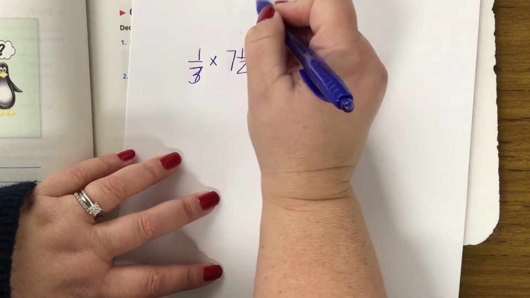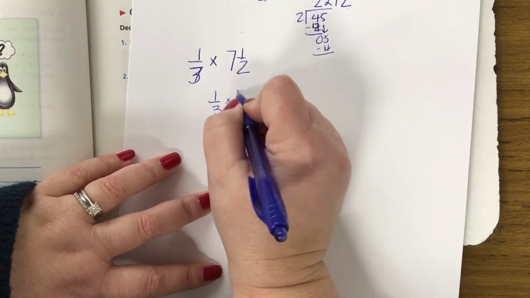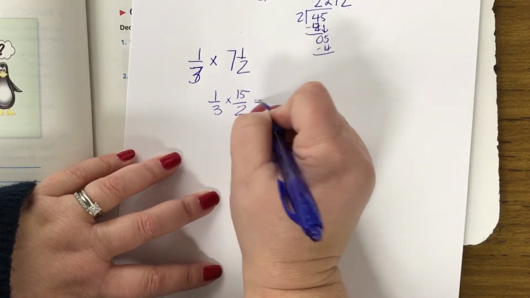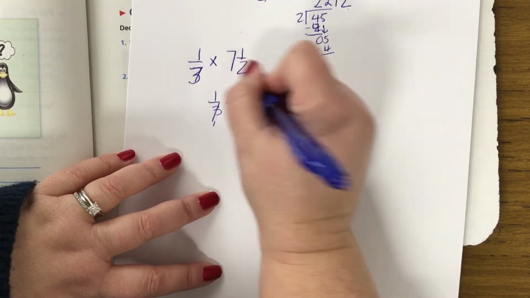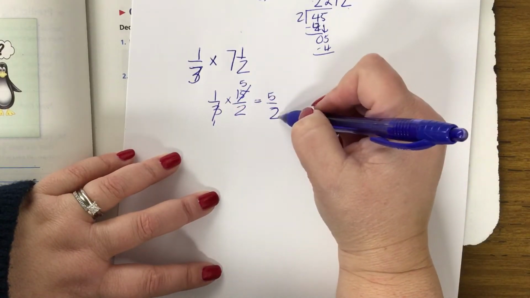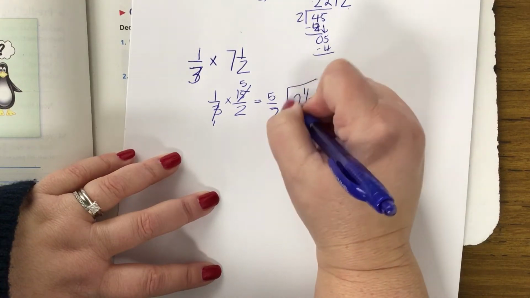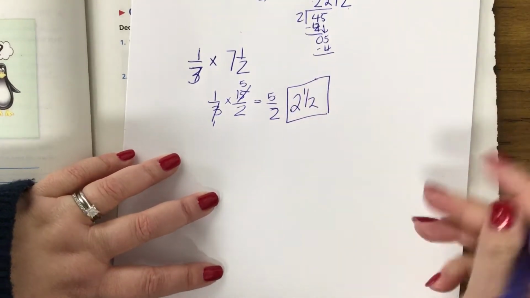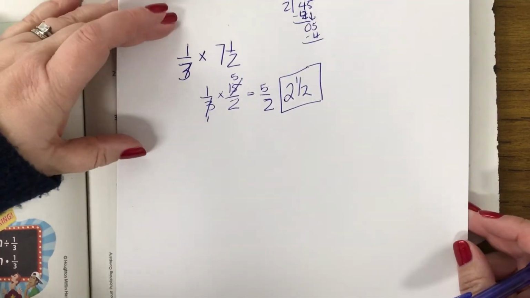Since we've already done some of the work up here, I know that 1/3 times 15 over 2: 3 divided by 3 is 1, 15 divided by 3 is 5, so that's 5 halves, or 2 goes into 5 2 times with 1/2 left over. So in 1/3 of an hour, she will ride 2 and 1/2 miles. Yeah? Okay.